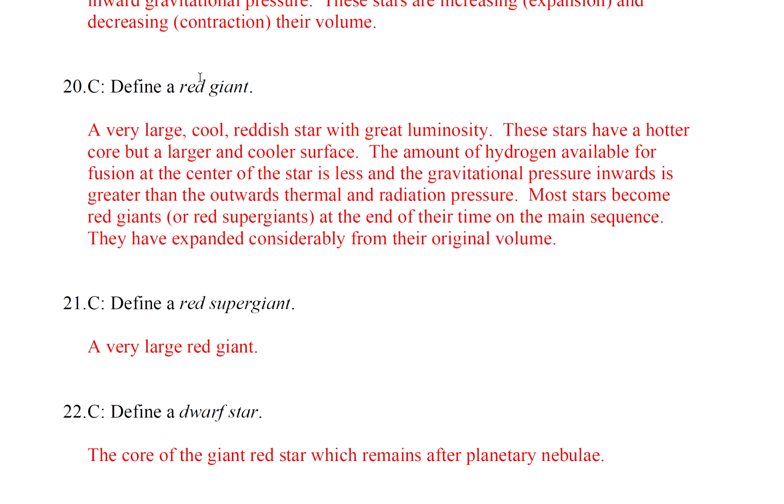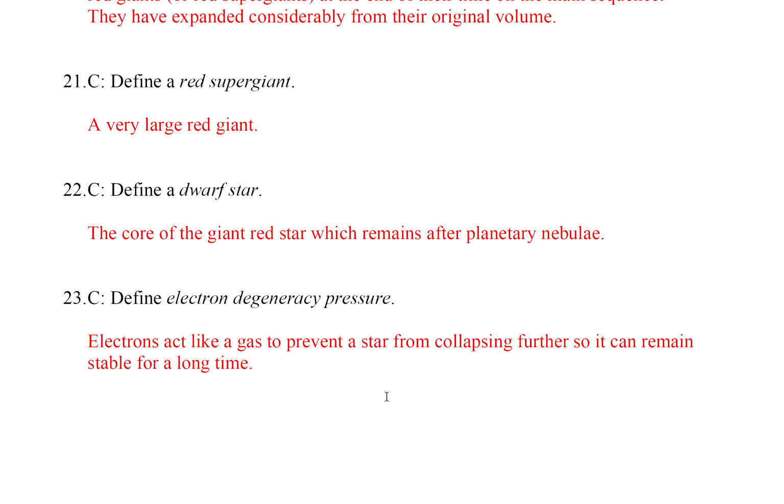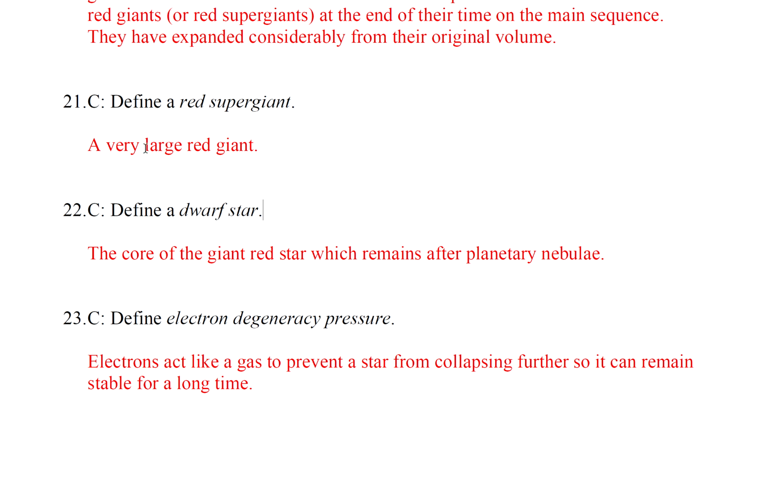Define a red giant, a red supergiant, and a dwarf star. So we could see here, we've got supergiants, we've got giants, and we've got these white dwarfs. So these giants are like red giants and red supergiants, and white dwarfs here. So a red supergiant is a very large red giant.